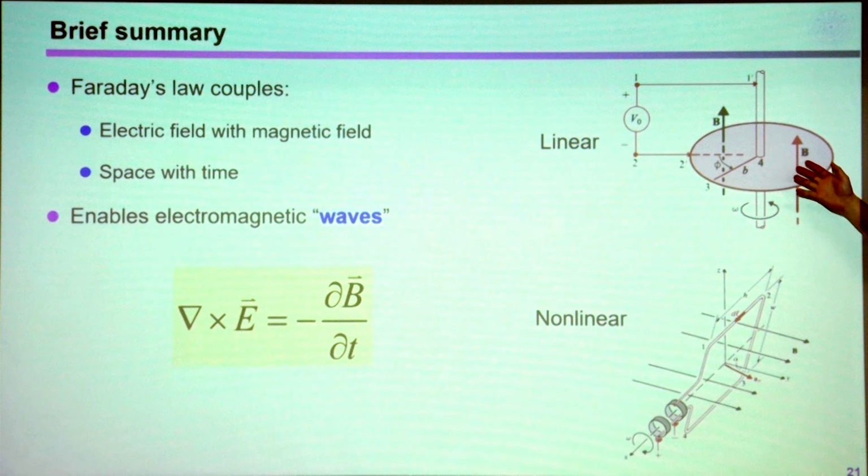So this D as a function of time, and you evaluate its time variation, that is JD.